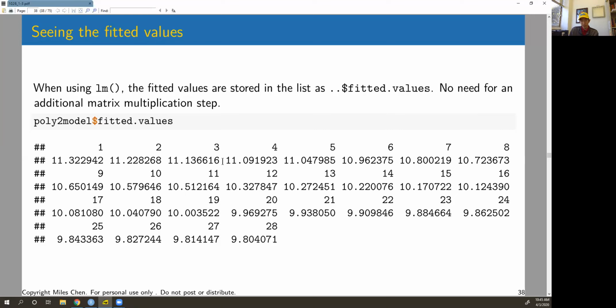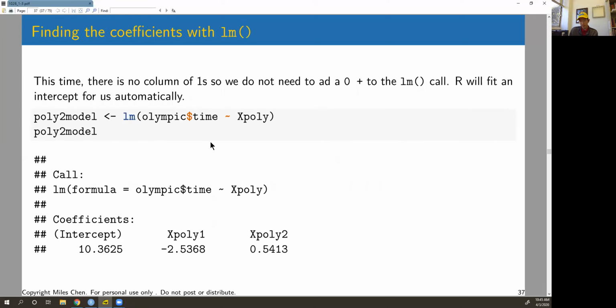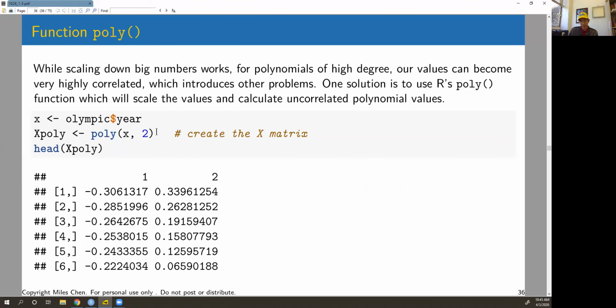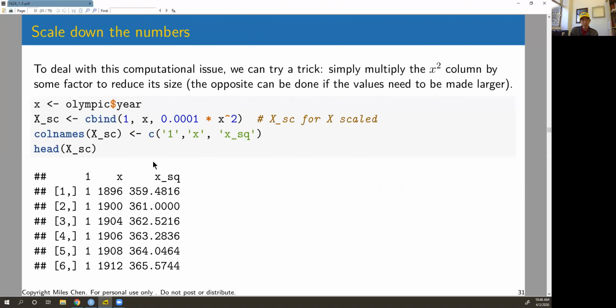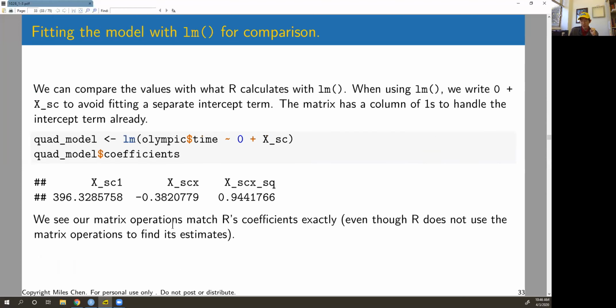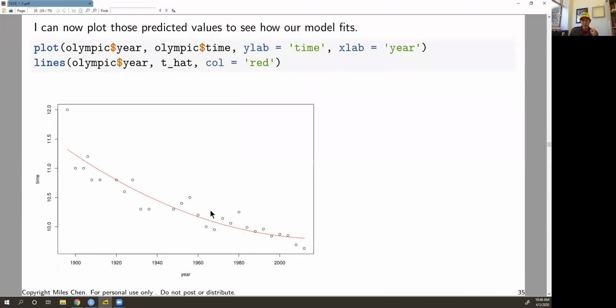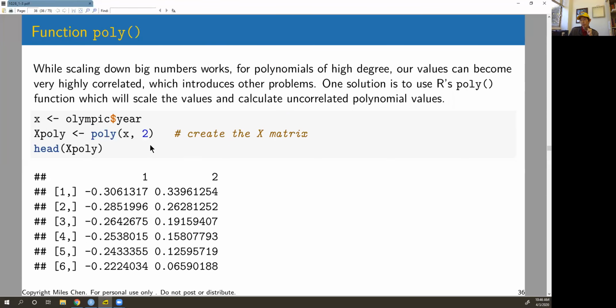And again, this is just a handy function, so you don't have to manually create your matrix of ones and x's and x squareds and then scale them appropriately if you run into computational issues. Using R's function poly takes care of all of that for you.